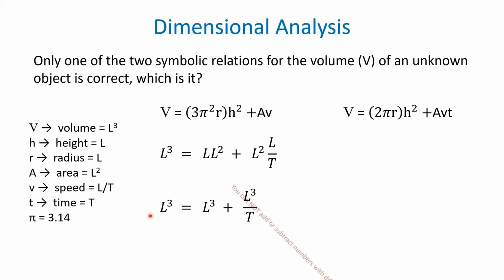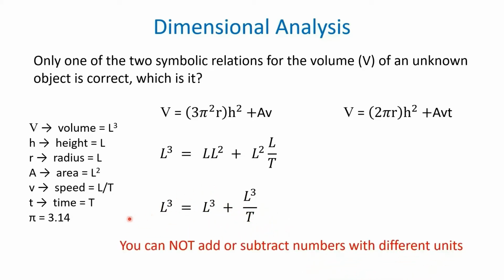A rule that you should pay attention to this semester is that you cannot add or subtract numbers with different units. Never, ever, ever can you do this. So this answer is wrong always.